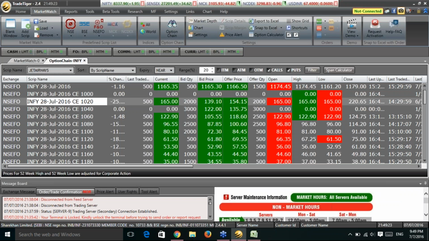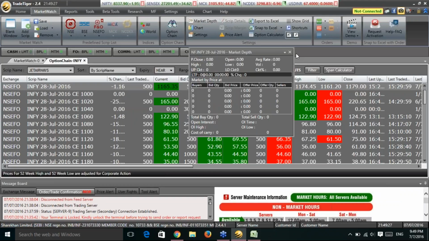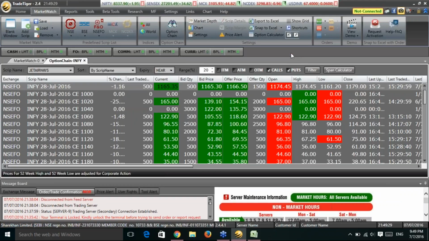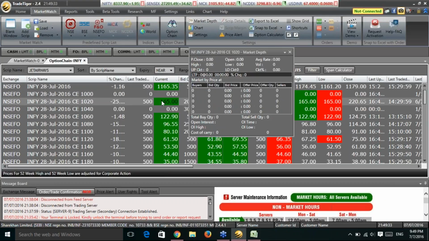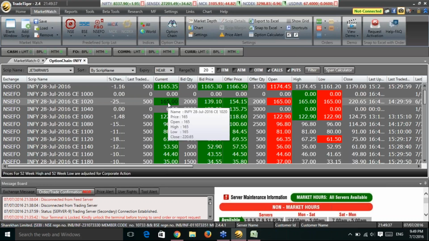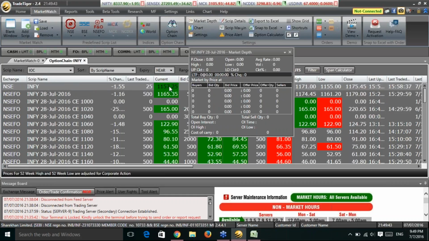So suppose the spot price is 1165 and this goes to 1300 after 1 month. What will happen to the premium? The premium of 165 has 31 rupees as time value and 134 as intrinsic value. Sorry, this is 1157.